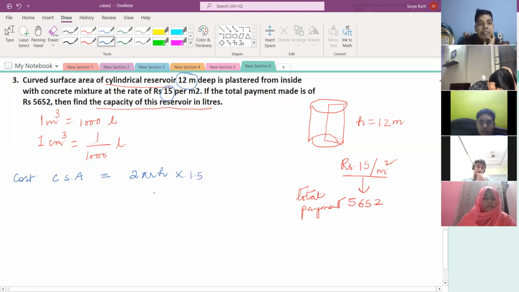Right? And this you can write as 5652 is equals to 2 pi RH, means 2 pi, R is how much? You have to find, right?